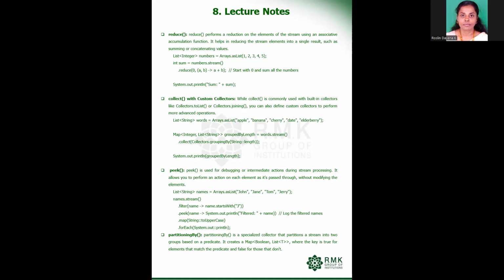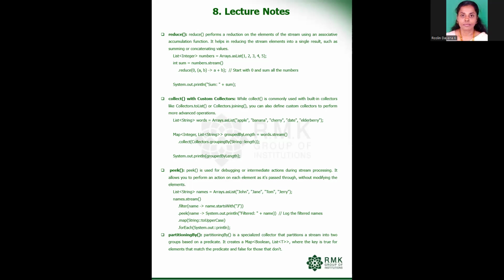Next is peek. It is used for debugging or intermediate actions during stream processing. It allows you to perform an action on each element when it passes through, without modifying the elements. To look at each element of the stream, we can use the peek method. In the example here, the list name is names: John, Jane, Tom, and Jerry. For the names list, we create a stream and we filter all the names that start with J. After filtering, we have to display them.